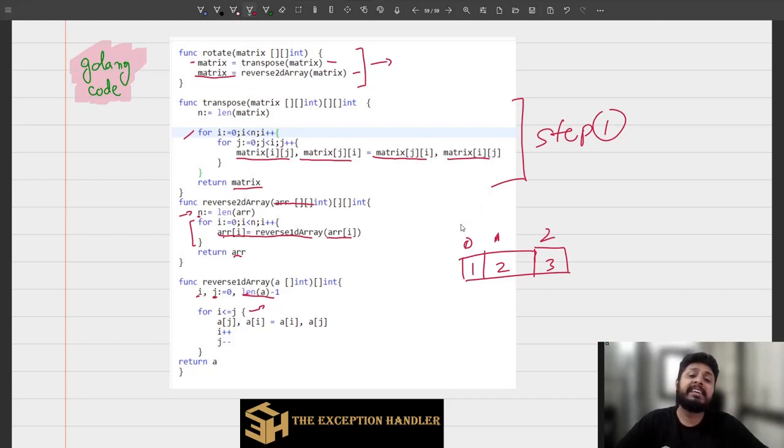But then i increases to 2 and j decreases to 0, and if I swap these two back, I would get the original array. That is why I don't want that, and that is why I wrote this condition. So this is important. This code is written in Golang, but practically it can be written as it is in any language of your choice, that is C#, .NET, Java, Python, JavaScript, any language that you wish.